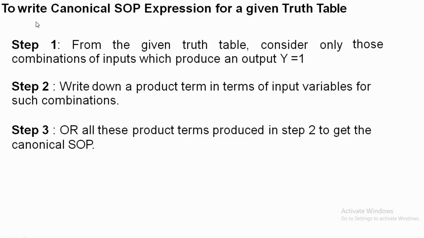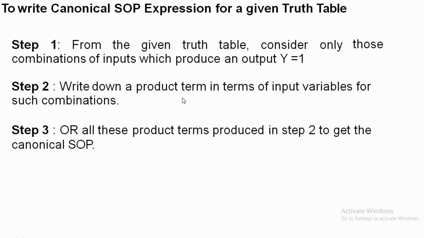Next concept: from an expression you can write down, or from a truth table you can write down, the expression for SOP and POS. So first we will see how to write down the canonical SOP expression for a given truth table. First step, from the given truth table, consider only those combinations of inputs which produce an output Y equal to 1. That means we have to only consider from the truth table where the output is equal to 1.